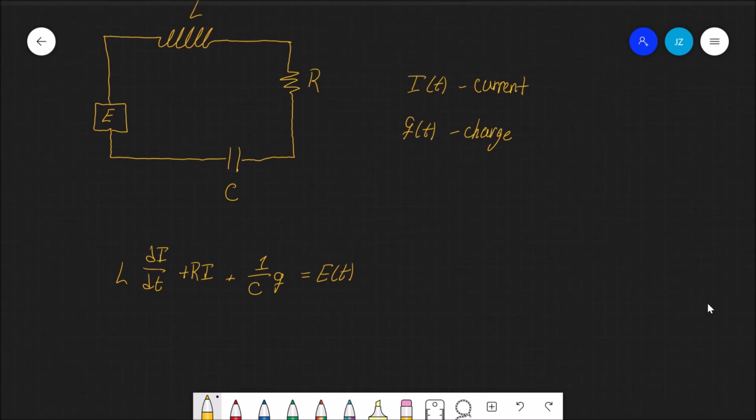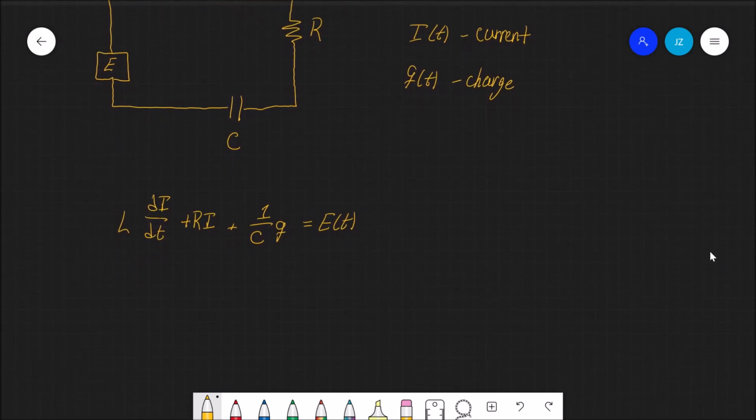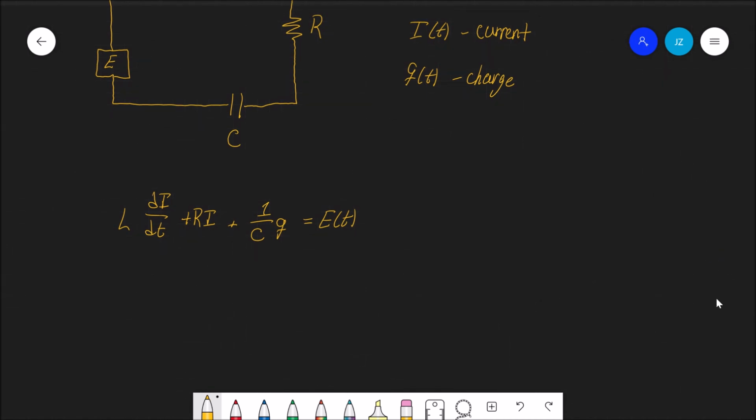But remember, current is simply the derivative of charge. So we can rewrite this: LQ double dot plus RQ dot plus 1 over C Q is equal to E of t.